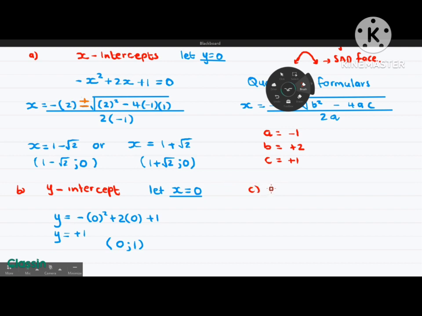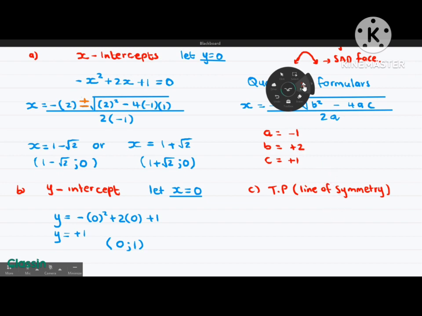Here we're going to look for the turning point, or simply the line of symmetry. They can either say the symmetrical line or the turning point, it is exactly the same thing.